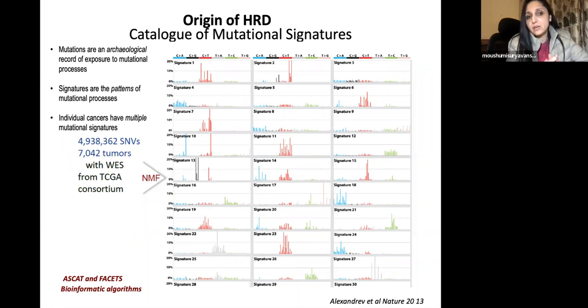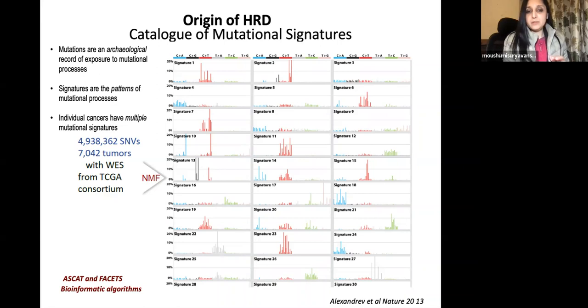And these signatures are based on thousands and thousands of studies from tumor whole exome sequencing from the TCGA, and then using a bioinformatic algorithm or machine learning mechanism, these signatures are calculated, and certain signatures are peculiar for certain types of insults which the tumor has been exposed to.